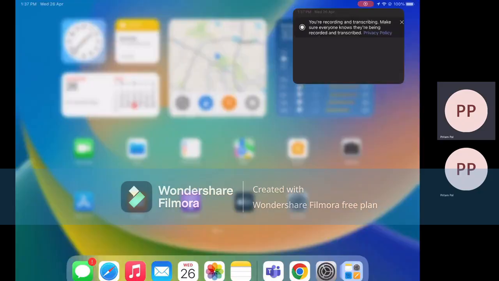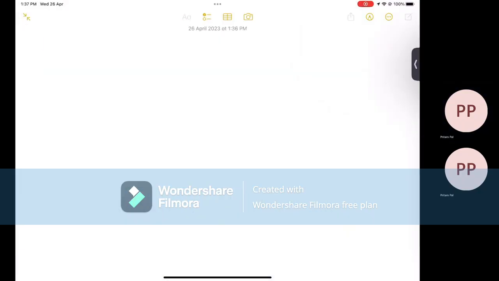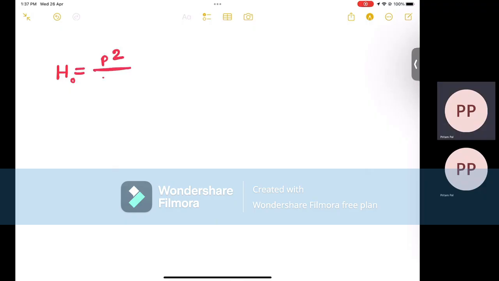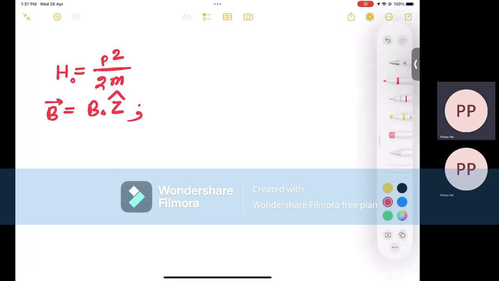Yeah, so I'll just open my notepad. See, this is my Hamiltonian. This was the initial Hamiltonian, which is p square over twice m. Now we are taking the magnetic field B naught z.